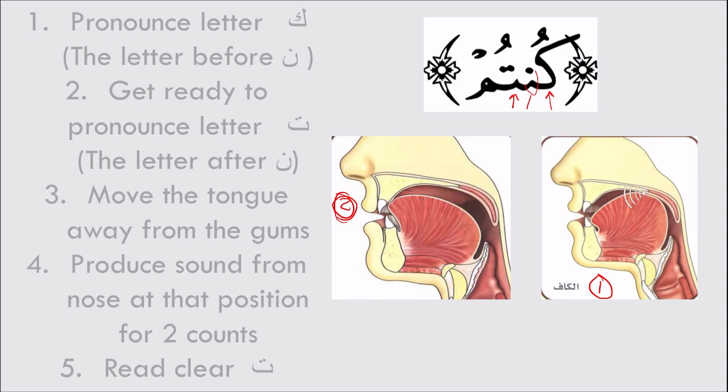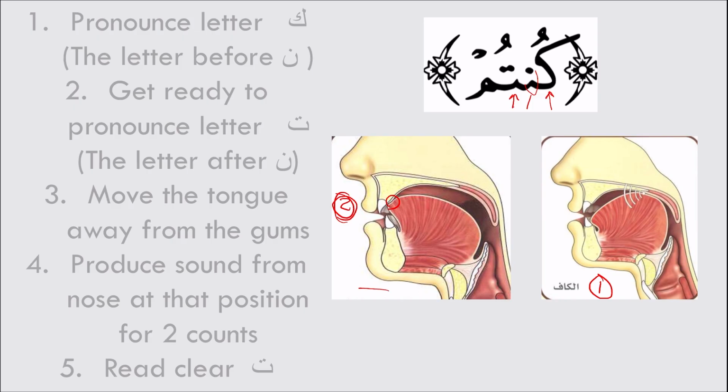So first we need to pronounce letter Kaf, which is the letter before letter Noon. Then we need to get ready to make the sound of a Ta. We need to make sure the tongue is away from the Noon articulation point. Not kun, kun. The tongue should be away from the gums because it is not a clear, real Noon, it's not Idghaam.